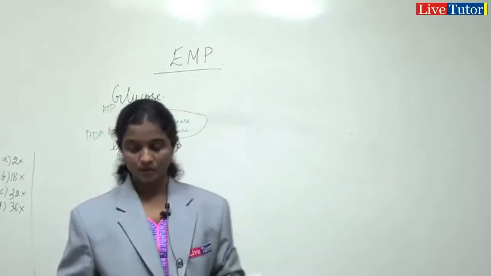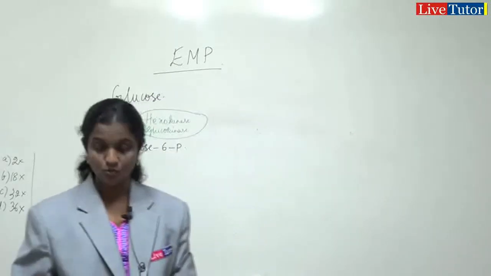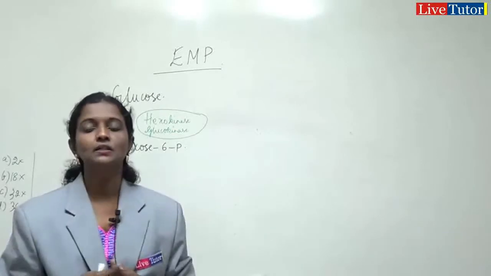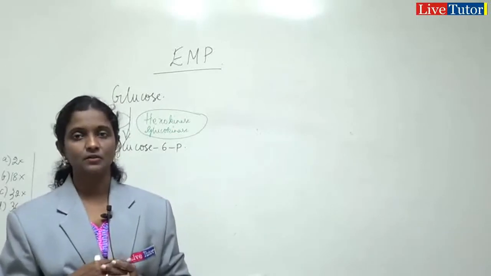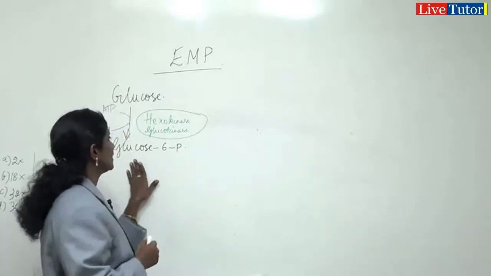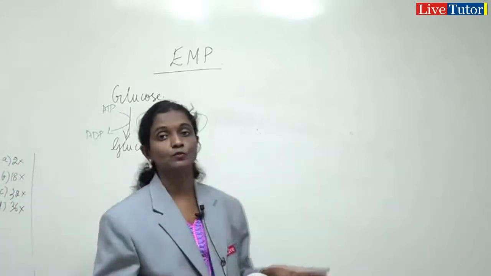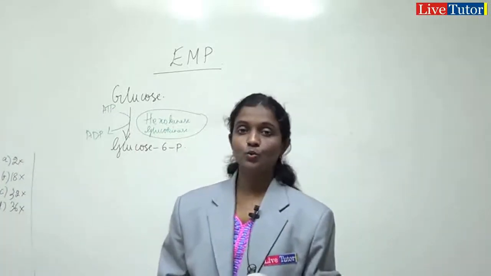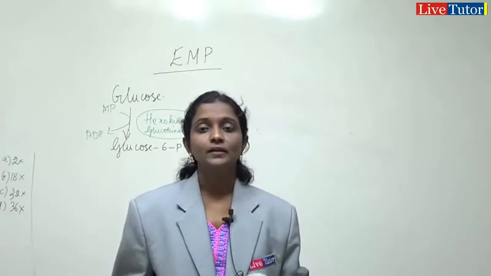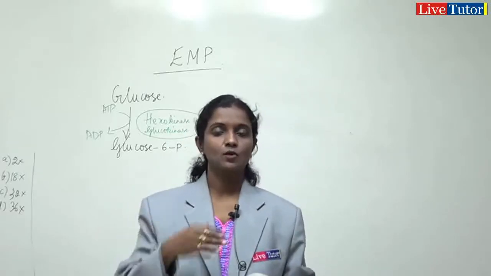Now shall we go for the next step? Having understood this, we also have to rope in all the knowledge about enzymes here. The first step is a very vital step in the conversion of glucose to glucose 6-phosphate. Glucose requires transporters to shuttle inside and outside the cell.